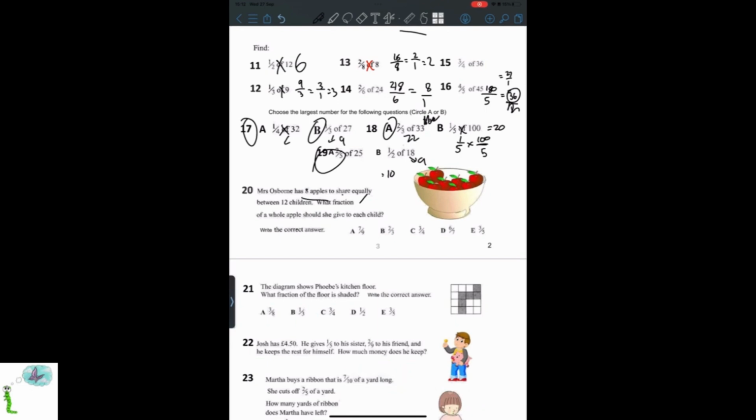So 8 apples to share equally. Question 20. 8 apples to share equally between 12 children. There are 8 apples, right? There's 12 kids. So not everyone's going to get one whole apple, right? We have to figure out how much of an apple each kid is going to get.